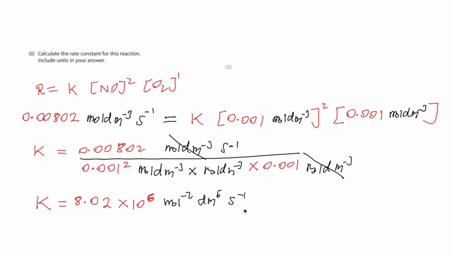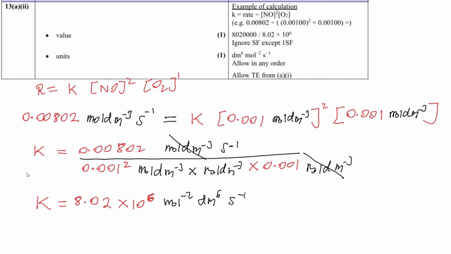Okay, that will be our answer. Let's go to the marking scheme and check. Yes, 8.02 times 10 to the power 6 mole minus 2 dm6 per second. Yes, that's our answer. Okay, so that will be an easy one.